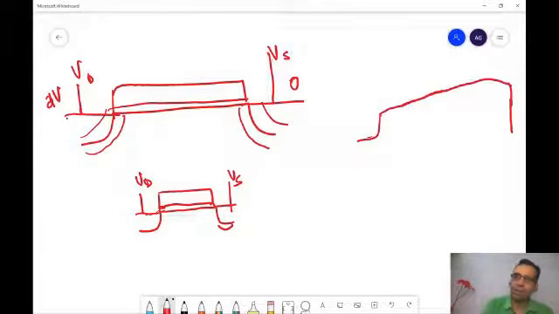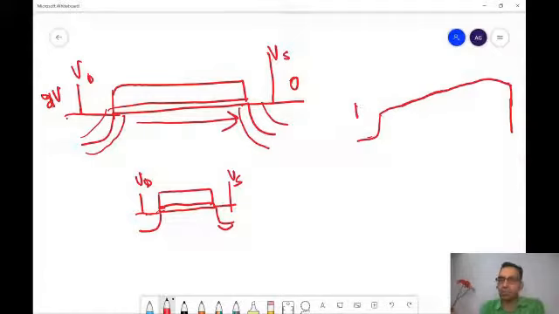So what is happening? This 2 volts that I had over here is dropping across the channel. So as I move from drain side to source side, this barrier is increasing. If I have a higher voltage over here, electrons will be attracted over here.